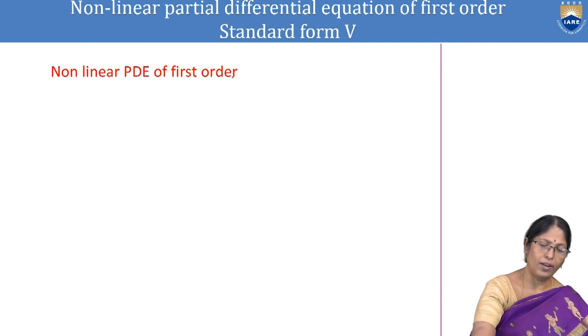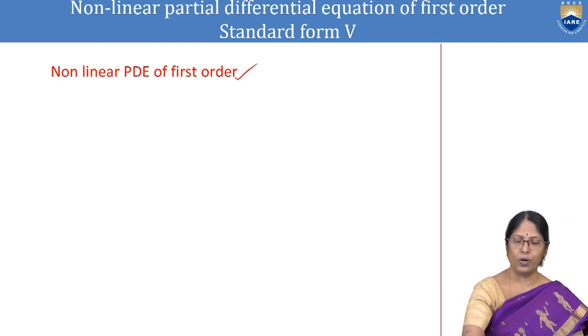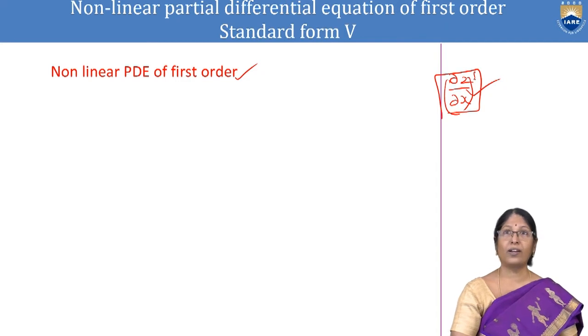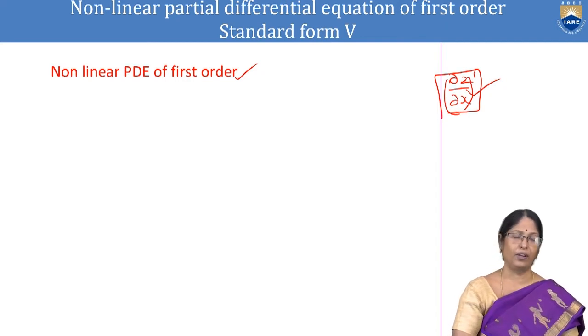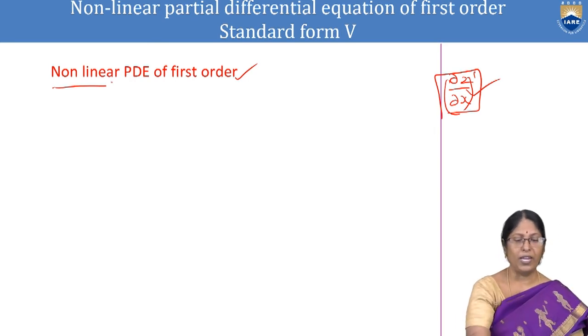Now, non-linear PDE of first order. Dou z by dou x is first order and the degree is also 1, so it is a first order linear equation. Then what about non-linear PDE?